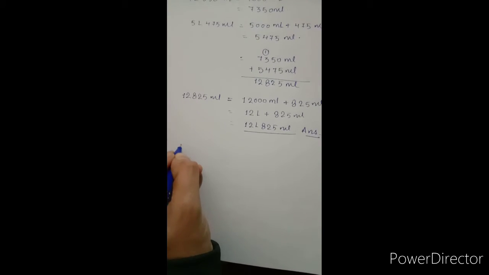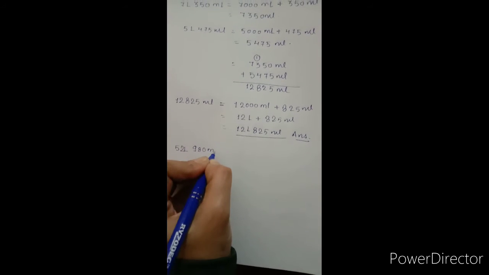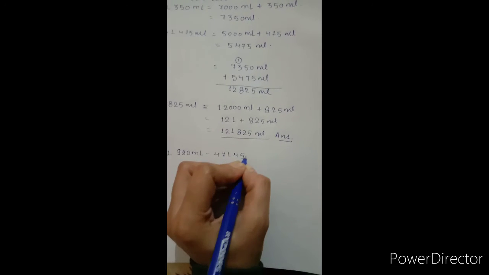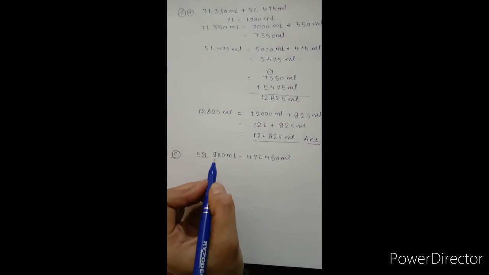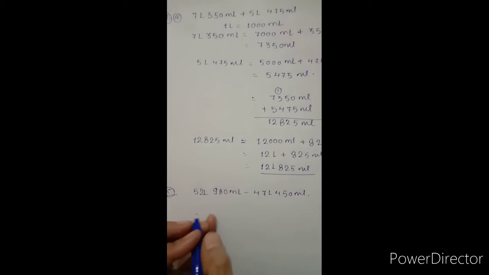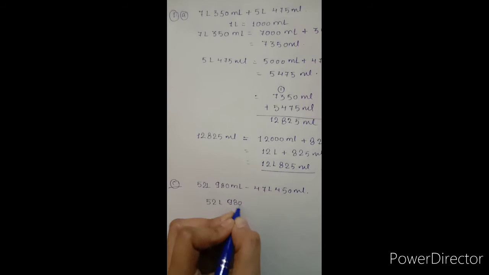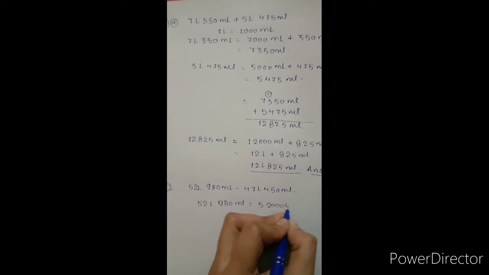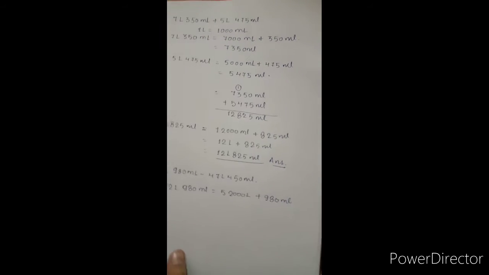Part C. 52 liter 980 milliliter minus 47 liter 450 milliliter. So first of all we convert 52 liters and 980 milliliters into milliliters. 52 liters 980 milliliters is equal to 52,000 milliliter plus 980 milliliter.